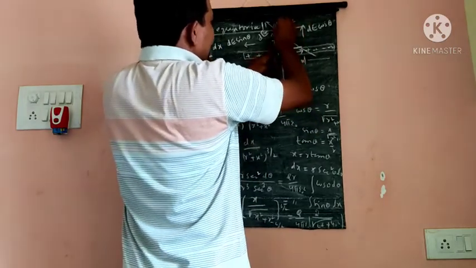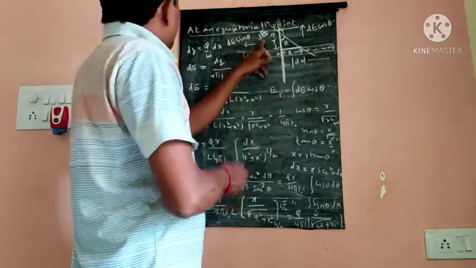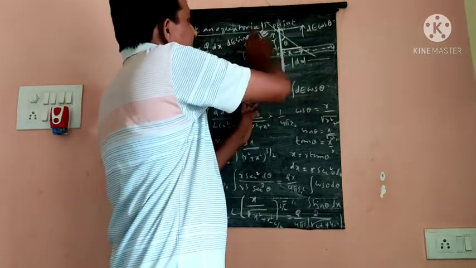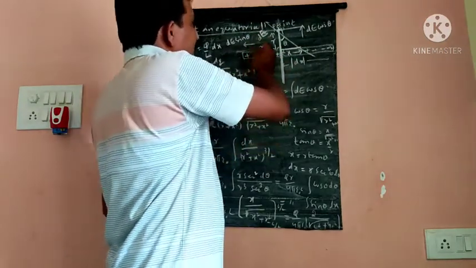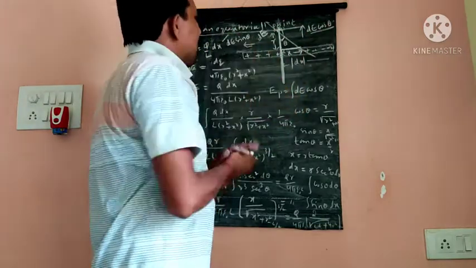Here dE is the electric field strength due to the dx element. So dE has two components: a parallel component dE cos theta and a perpendicular component dE sin theta.